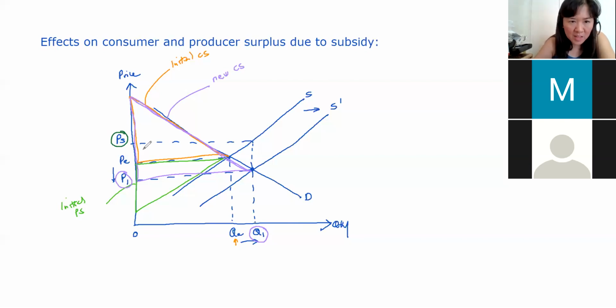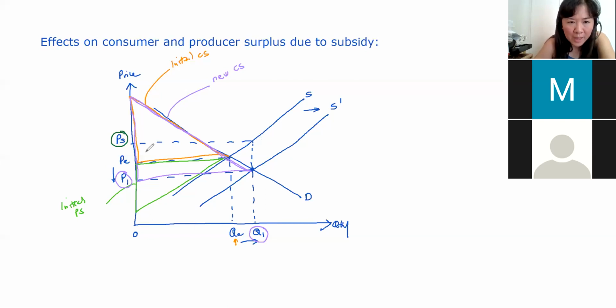So what they receive, PS times Q1, is this bigger rectangle, less what they are willing and able to produce, which is the area under supply curve S for quantity Q1.